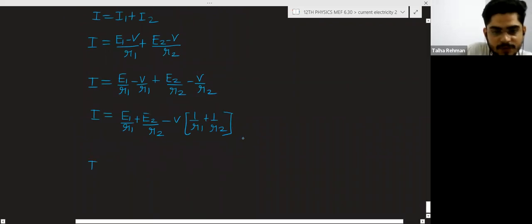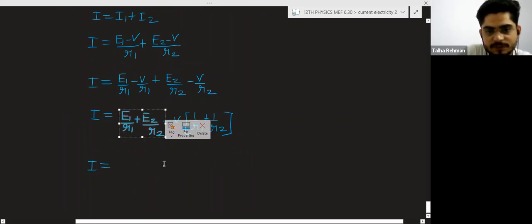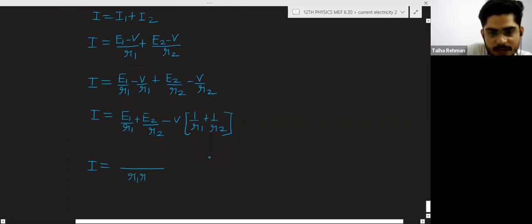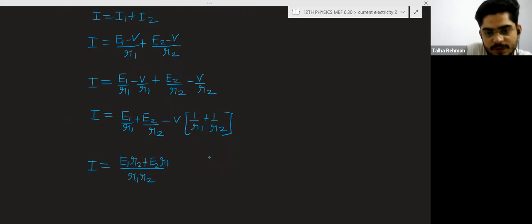Now further calculate, take the LCM here. Calculating these two terms, you will get E1 into R2 plus E2 into R1 over R1 R2, and here you will get R2 plus R1 over R1 R2.